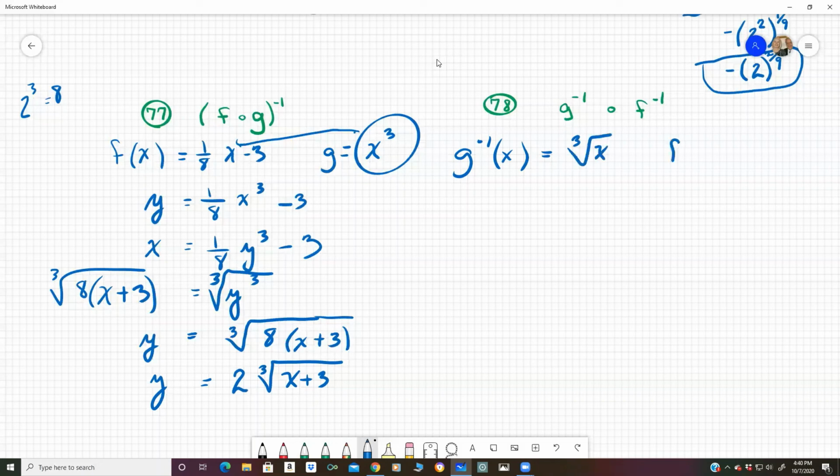And the inverse of our f function is 1/8 x minus 3. So when we see this notation here, we are going to take this and put it inside here. So how does that look? The third root of 1/8.